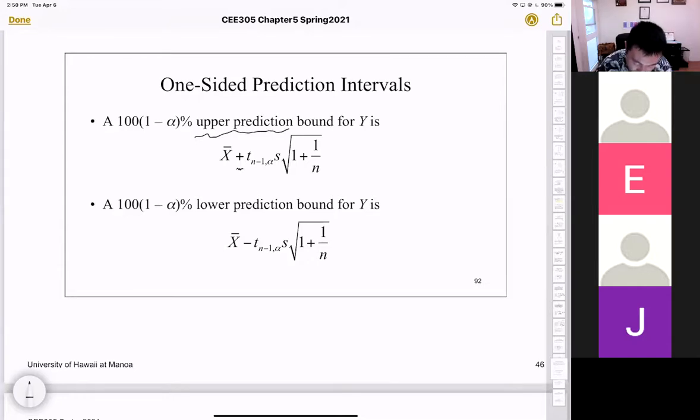The t value has n minus 1 degrees of freedom and alpha, not half alpha. For the lower bound, we use minus. Again, we use alpha and not half alpha. Almost the same as we did for the one-sided confidence interval, if you remember.